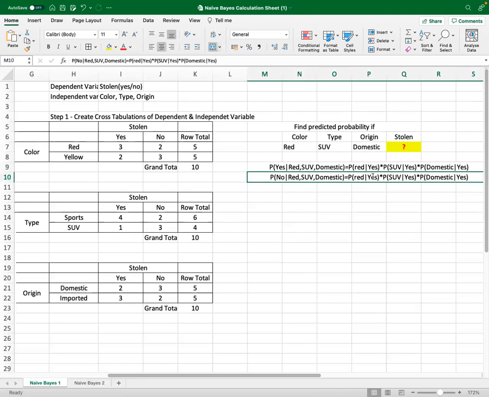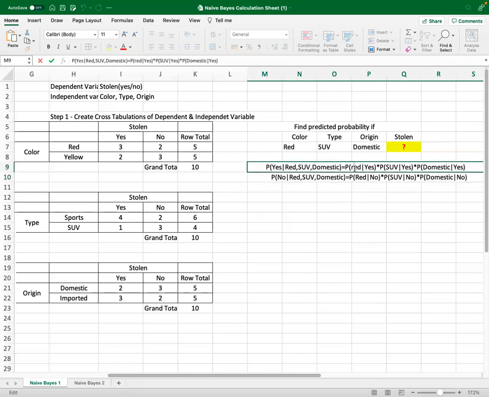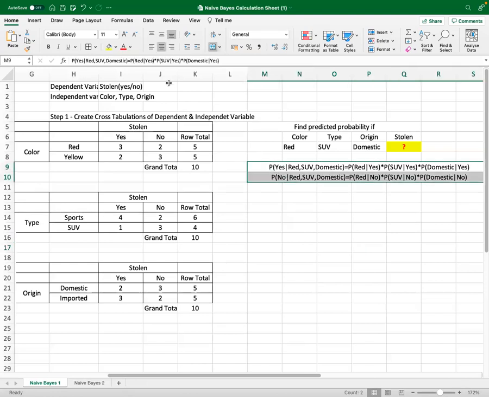So probability of red given it is no, probability of SUV given it is no, probability of domestic given it is no. So whichever has the highest probability, then that will be our final prediction. Among these two, whichever has the highest probability, that will be our final prediction.